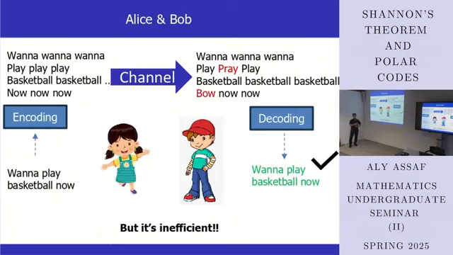Now, this is the solution. Do you want to play basketball now? We want to encode it in a way so that Bob can understand it even though there's error. So we introduced the notion of a coding scheme, where we have an encoding function and a decoding function. Alice tells Bob in advance, okay, I'm going to repeat each symbol 3 times before sending it across the channel. That's her encoding function.